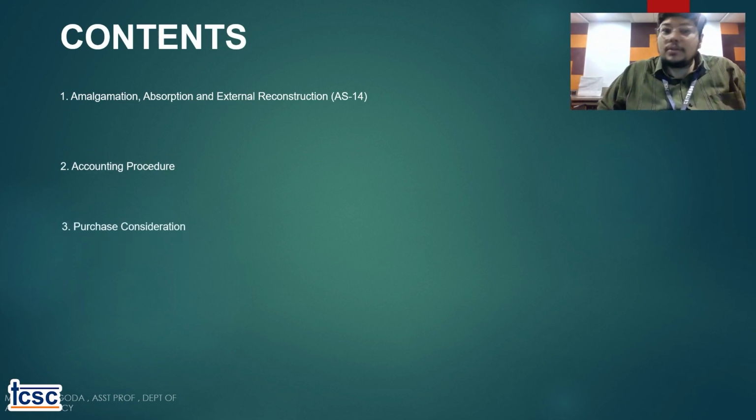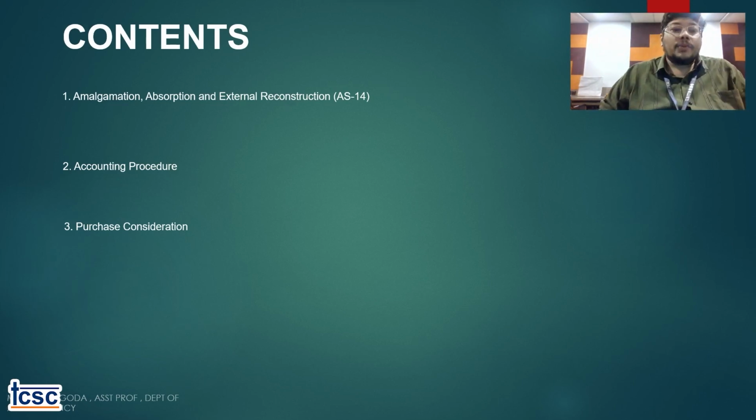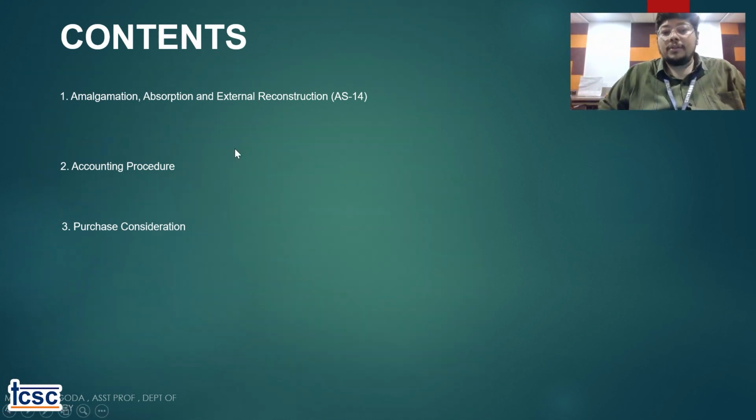Today we are going to learn about what is amalgamation, what is absorption, external reconstruction as per AS 14. We are going to also learn what is the accounting procedure which a company has to follow on amalgamation. We are going to also see what is purchase consideration and how this purchase consideration is calculated.